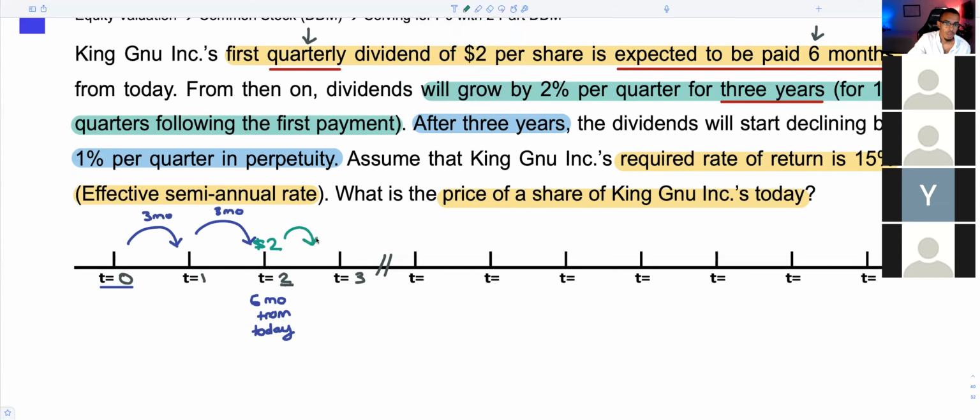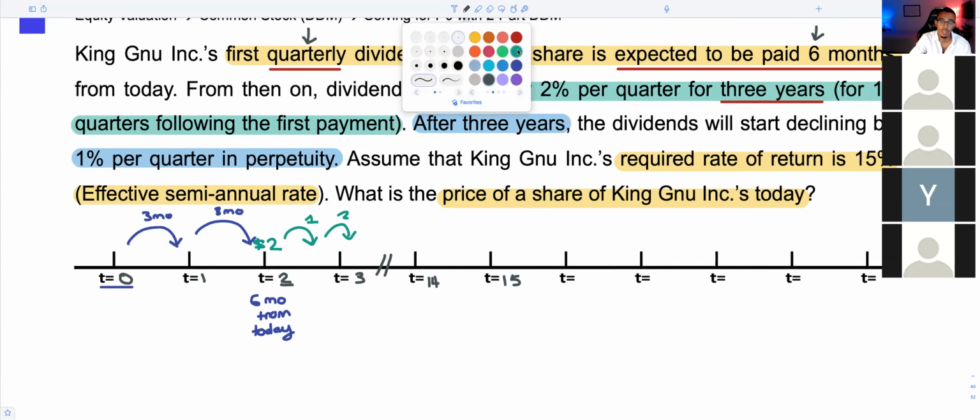So you'd have 1 quarter that's happening, and then you're going to do this for 12 quarters all the way to T14. Put T15 here. So we know that this is going to grow by a specific amount all the way then, and we know it's going to grow by 2% every single quarter.